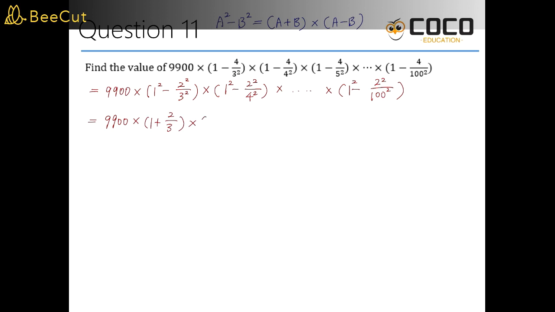The difference is 1 minus 2 over 3. Next group is 1 plus 2 over 4 times 1 minus 2 over 4. All the way to 1 plus 2 over 100 times 1 minus 2 over 100.